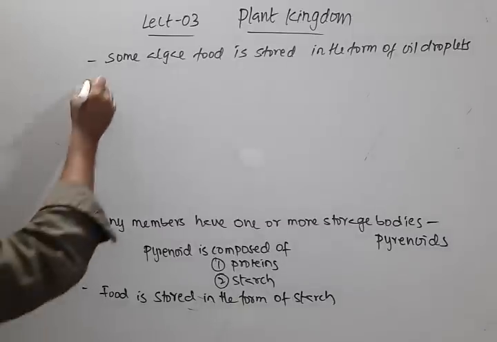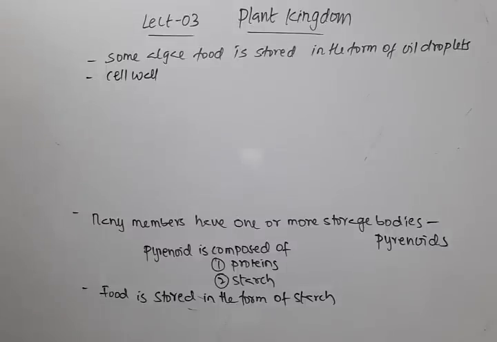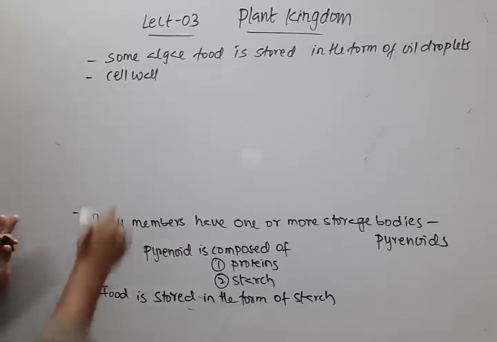Then coming to cell wall, in case of algae, the cell wall, especially in green algae, is composed of two layers.